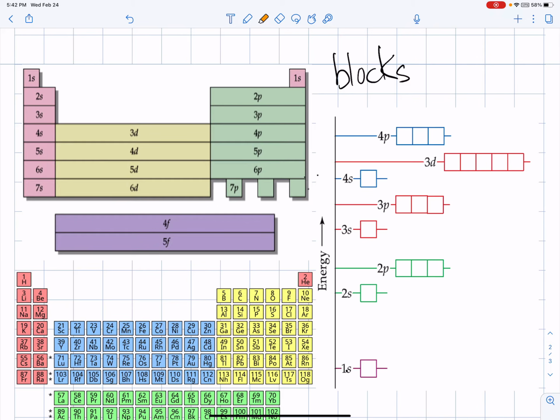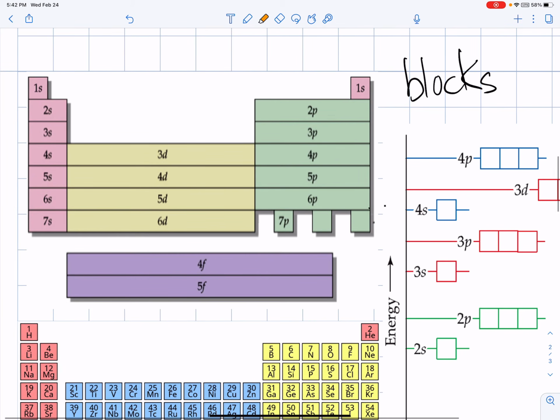Now, the numbers in front of each letter in this diagram represent energy levels. So if you notice for hydrogen and helium, the first 2 elements, you're not only in the S block, you're in the 1s level within the atom. Their electrons are filling the 1s energy level.